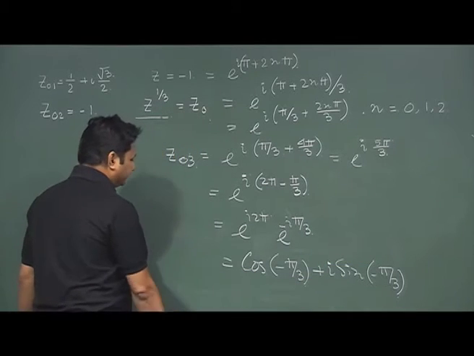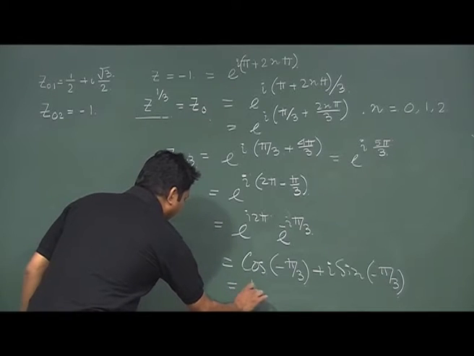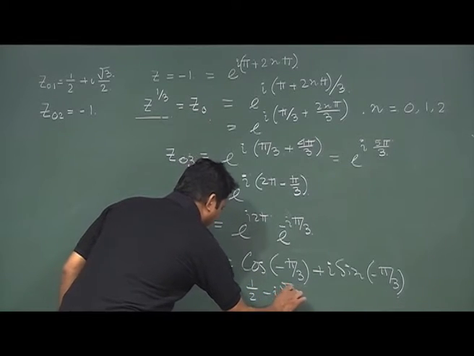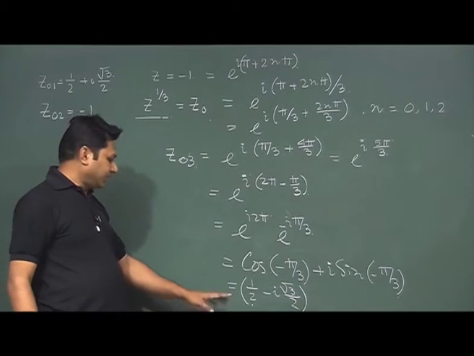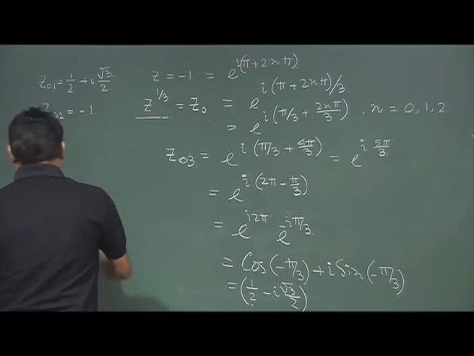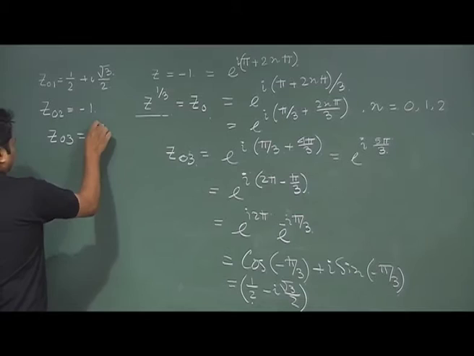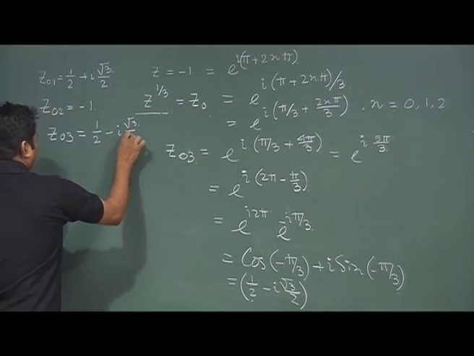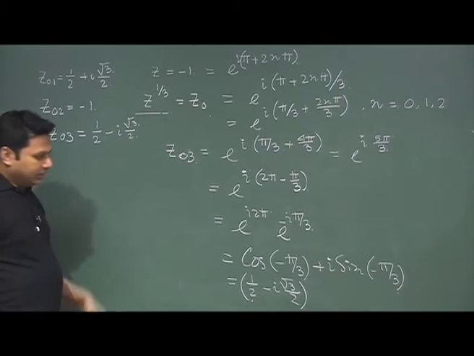So if I do that, then I will have half minus i root 3 by 2. So I will have one value like this. This is my third root. So let me write here my third root, z_3, is half minus i root 3 by 2, this quantity.